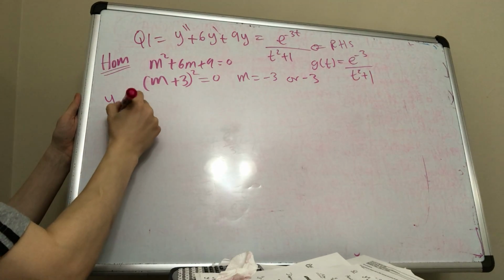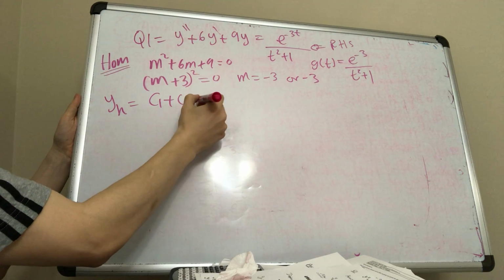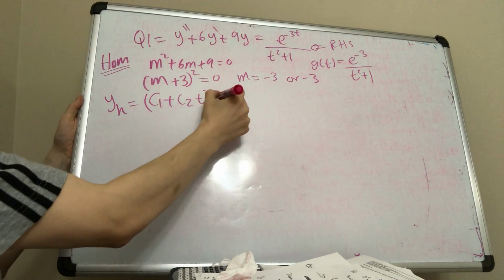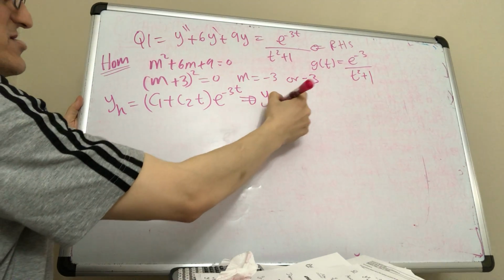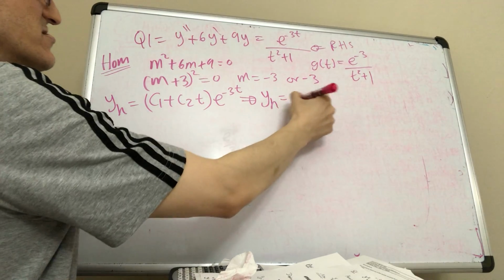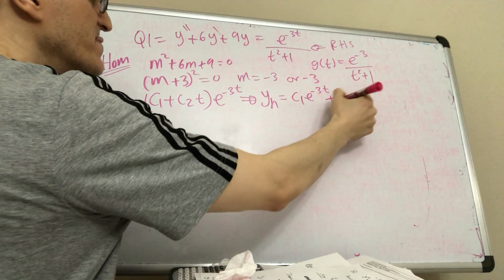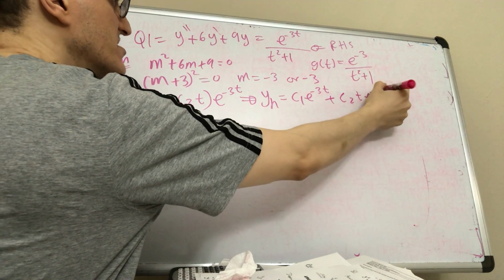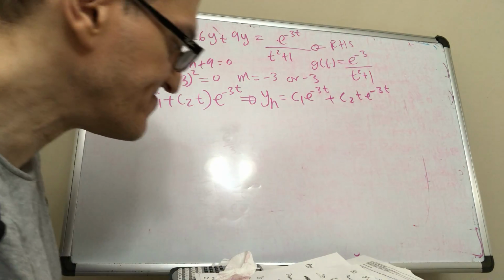So your homogeneous solution would be C1 plus C2 t, into e to the minus 3t, which is eventually, this time, C1 e to the negative 3t, and C2 t e to the negative 3t. So this is your homogeneous solution.